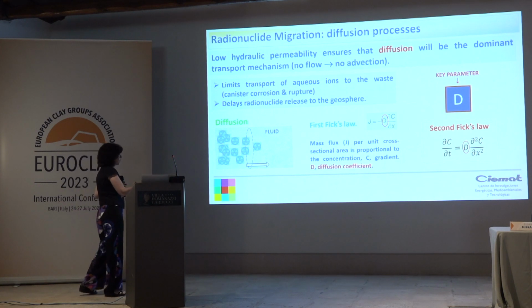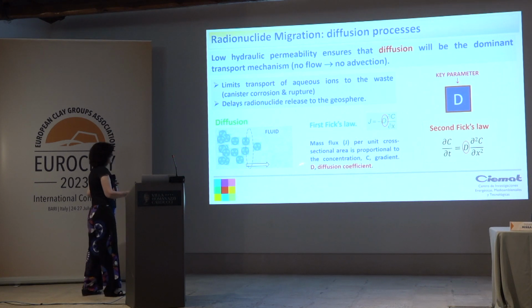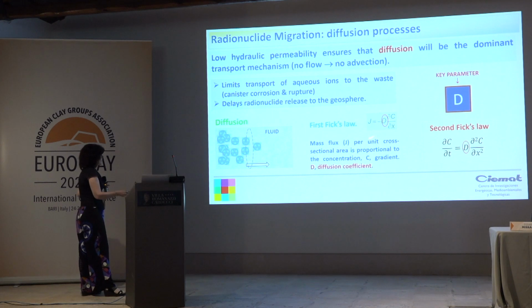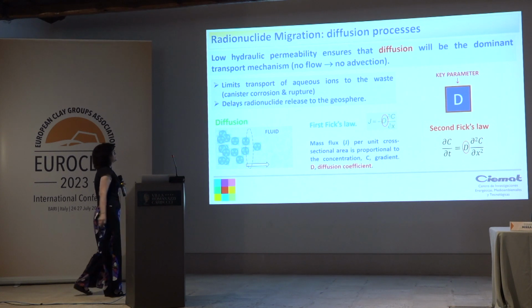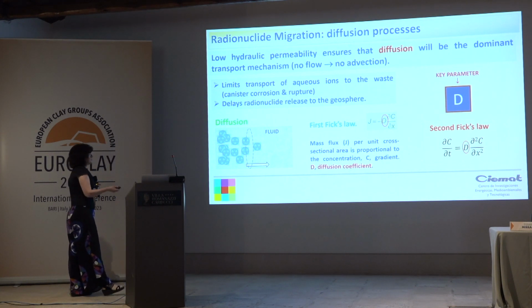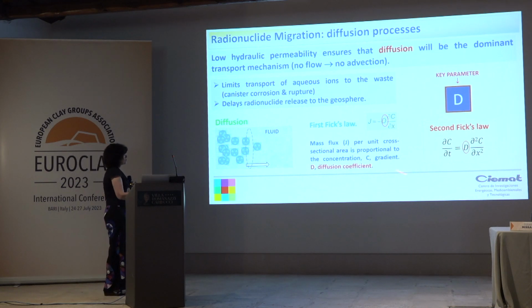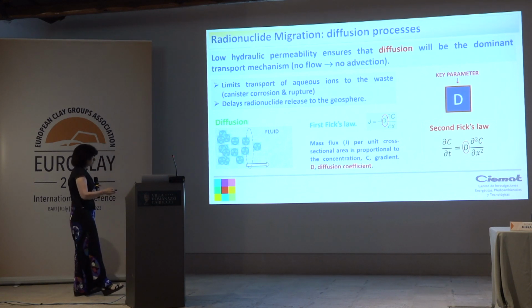The first Fick's law says that the mass flux per unit area is proportional to the concentration gradient. And the constant of proportionality is the diffusion coefficient, which is the most important parameter for migration in clays. So when we also introduce the variable time, we have the partial differential equation, in which the main parameter is still the diffusion coefficient.